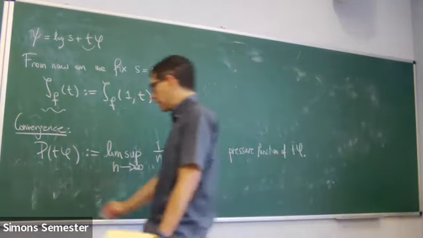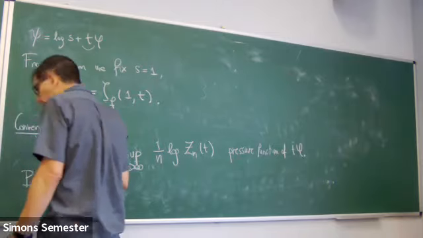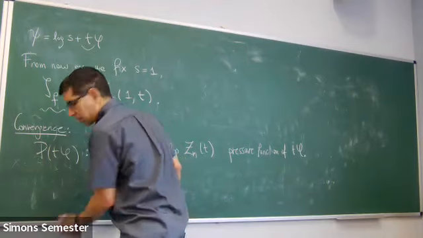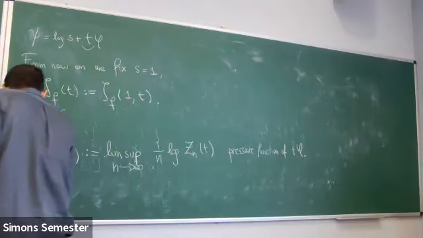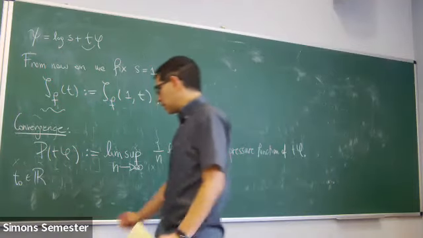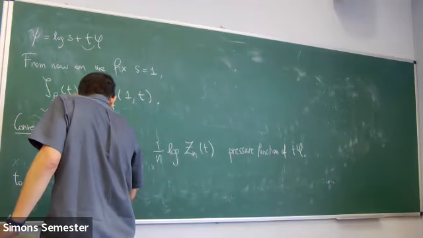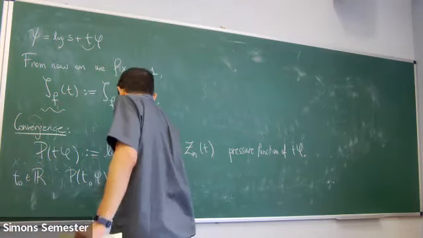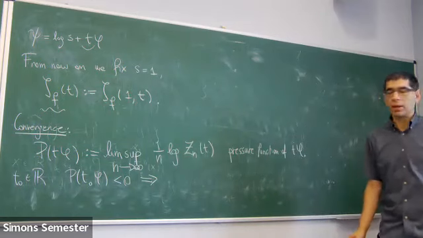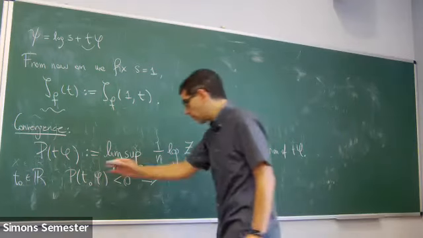And the upshot here is that if we know that for a certain parameter T naught, the pressure function is negative, then we immediately have that the dynamical zeta function converges on the right half plane starting from T naught, locally uniformly.